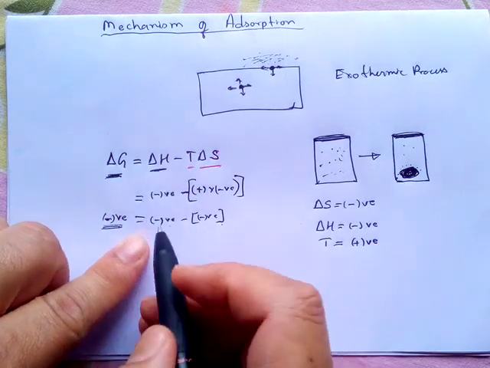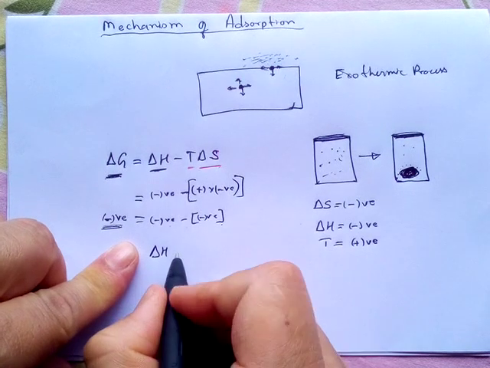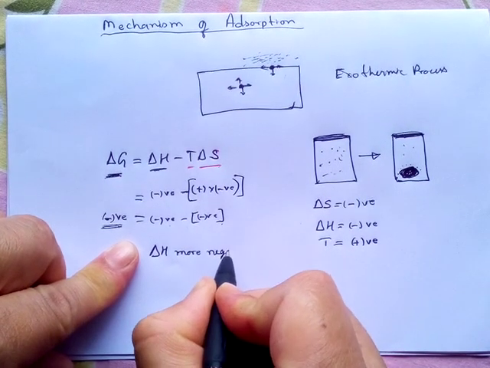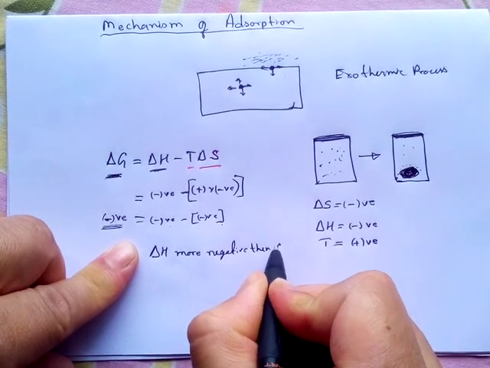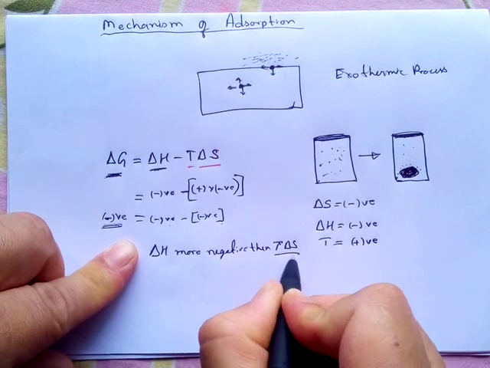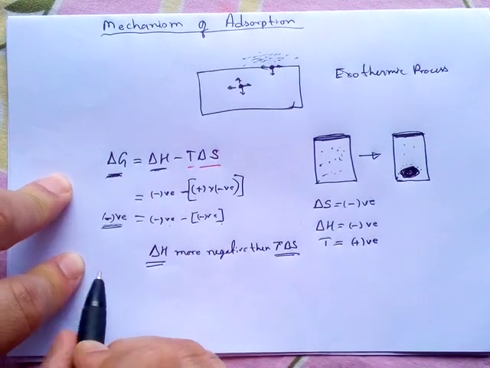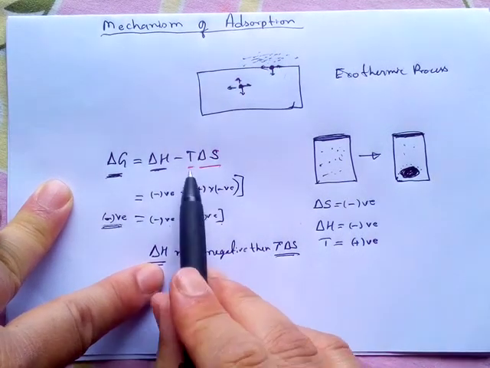So delta H, our conclusion is delta H must be more negative than T delta S. Remember, for delta G to become negative, delta H must be more negative than T delta S.